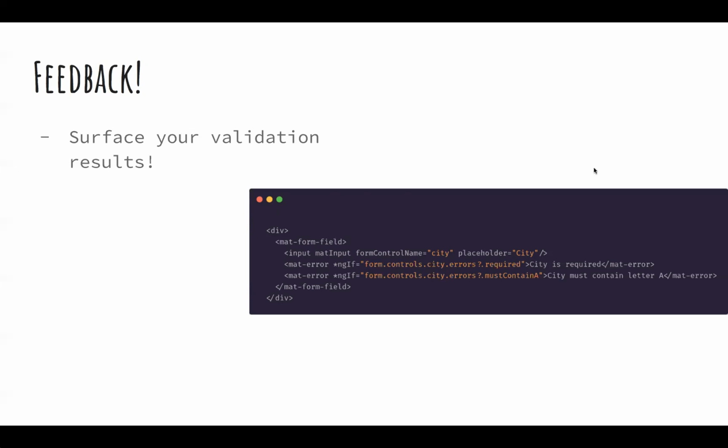So if I bring my drawing back up, we can check for our must contain A key on the errors object. And if it exists, we can feed back to the user instantly: this control must contain the letter A. If you've got multiple small validators all on one control, by checking our error object, we can have a crystal clear idea of what's wrong with our form just based on which keys are present in the error object. Clear that. Move on.